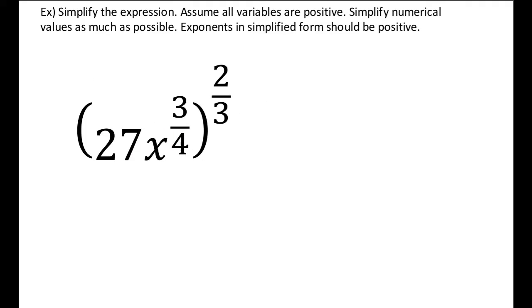Again, this is a product to a power. So my rule is to distribute the exponent. So 27 to the 2/3 times x to the 3/4 raised to the 2/3 power.